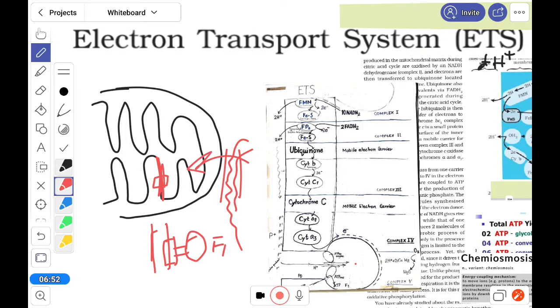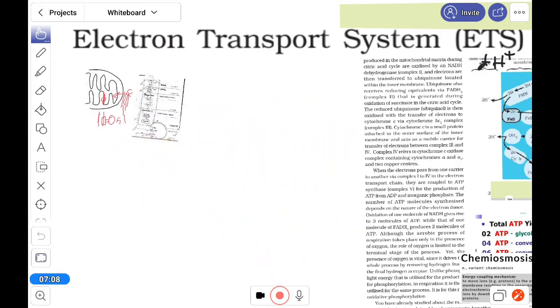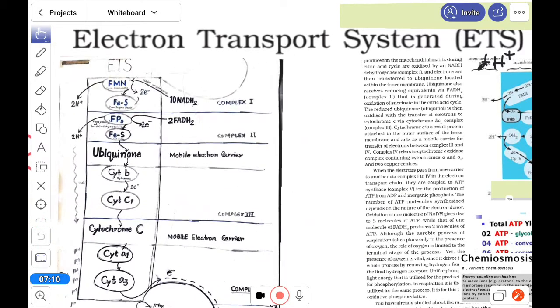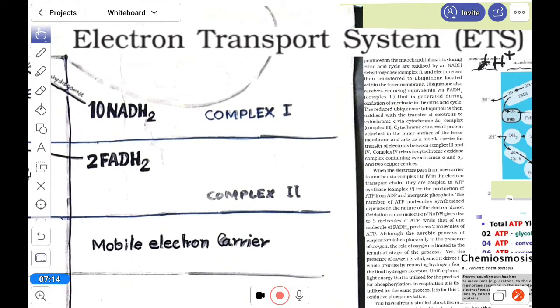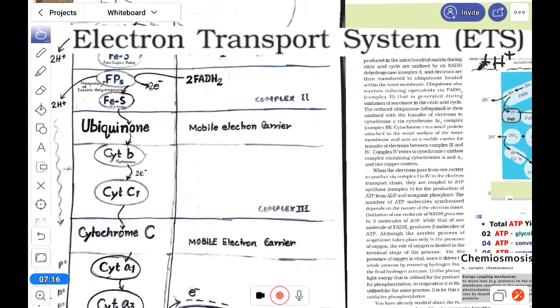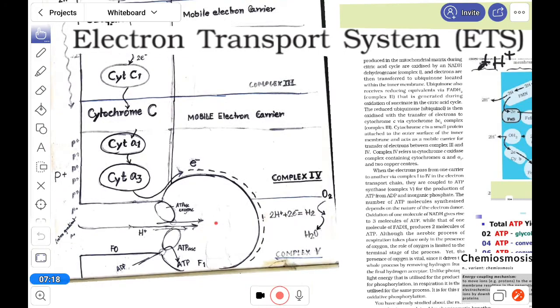Next, we can see that this total electron transport is divided into 5 basic parts. These are the complexes: complex 1, complex 2, complex 3, complex 4 and 5.